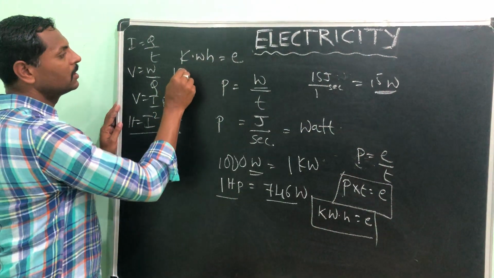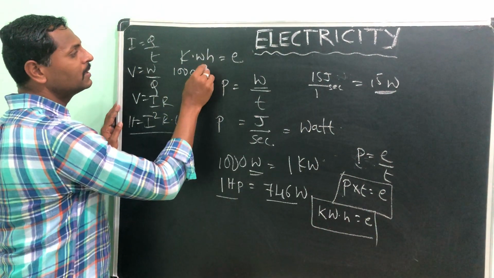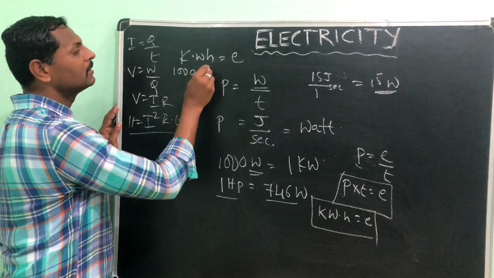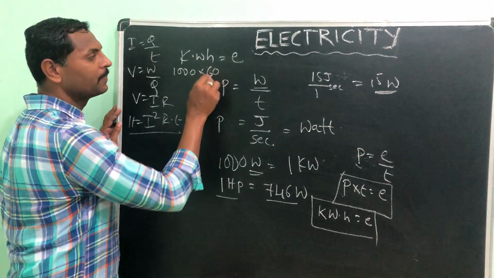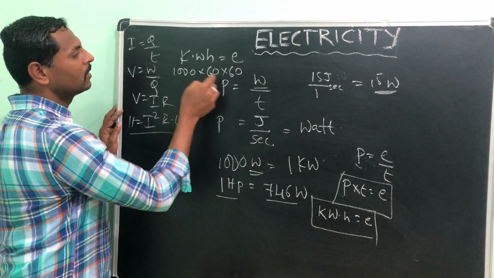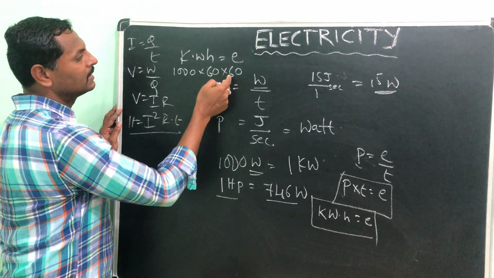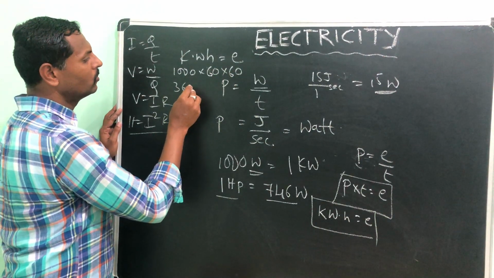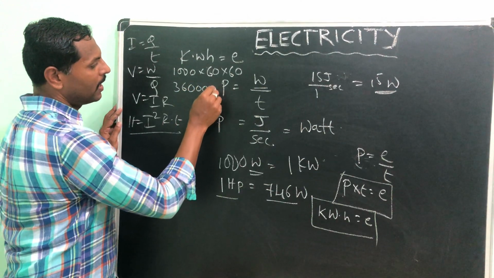Kilowatt means 1000 watt. Hour means 1 hour is nothing but 60 seconds for 1 minute and 60 minutes. So now how much is it? 6 sixes are 36, and 3 plus 2, that is 5.